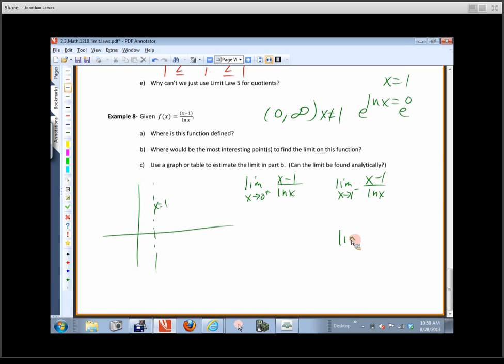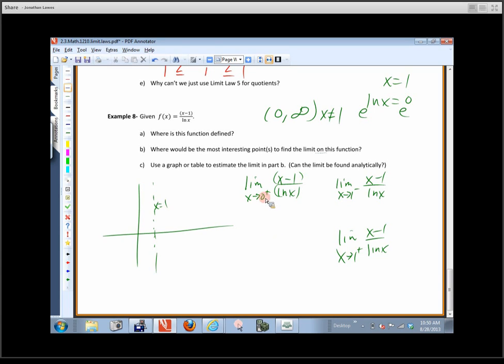And the limit as x approaches 1 from the positive side, x minus 1 over ln x. Now, I think that you could figure out each one of those three using the ideas that we talked about yesterday. Remember that whole idea of, I'll help you out here.